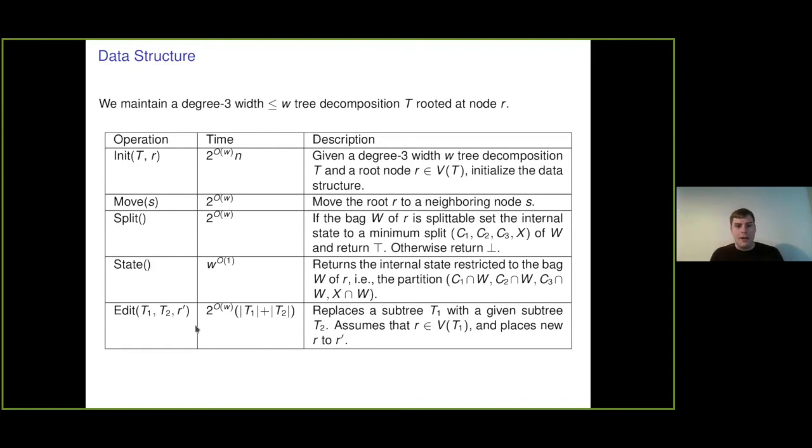Then we have this editing operation where we take the subtree away. It's crucial that the subtree we take away always contains the pointer or root, and then we add some new subtree instead of it, and of course we can do it in this time complexity.